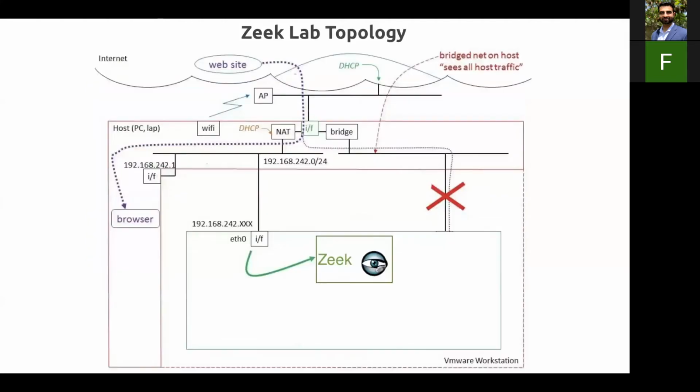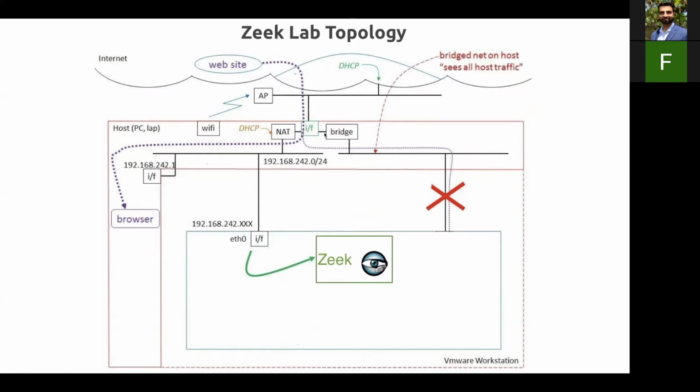So coming back to the Zeek lab topology. The VMs that we have provided to you, this picture is a little complicated, so I'll just explain it. The cloud is the internet, and the big brown box is our host machine, which can be a PC or a laptop.